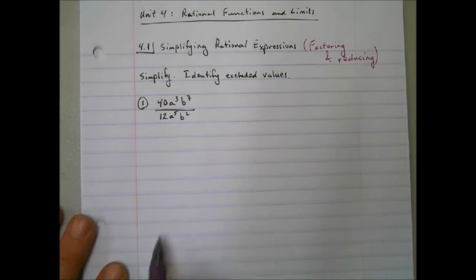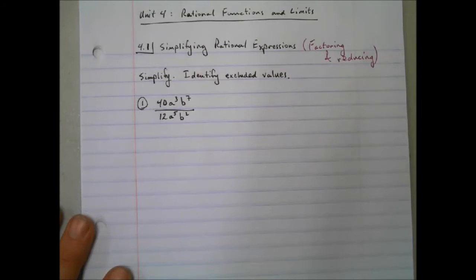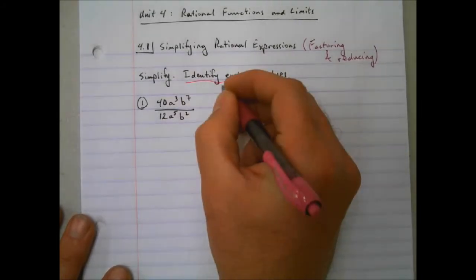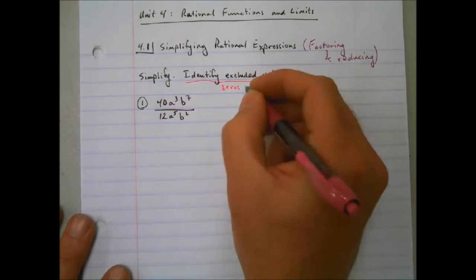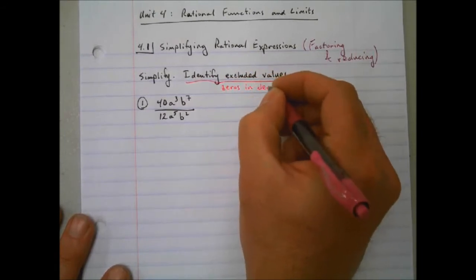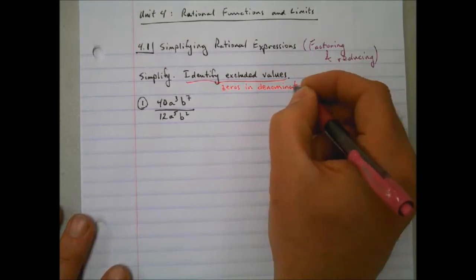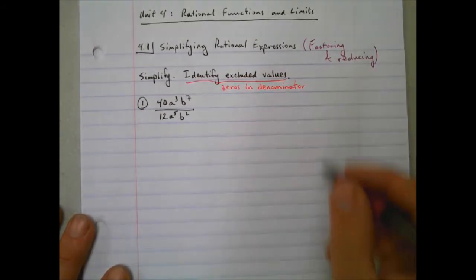Okay, so sample problems to simplify, identify excluded values. Now, excluded values are zeros in the denominator. Zeros in the denominator, even before reducing.